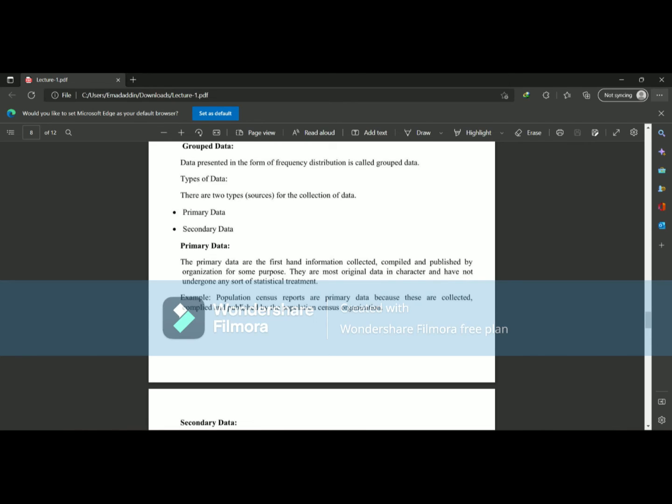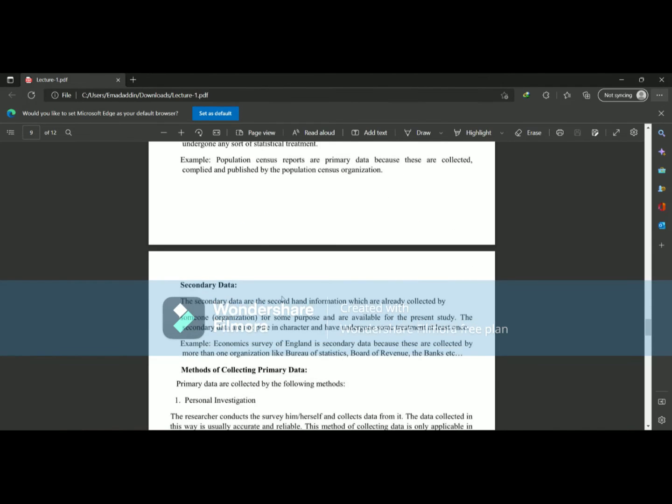For example, population census reports are primary data because these are collected, compiled, and published by the population census organizations.